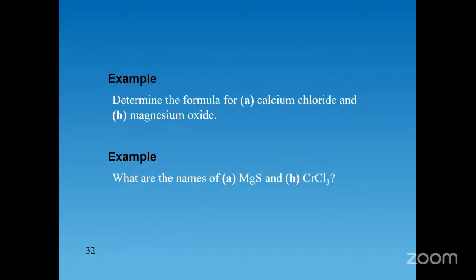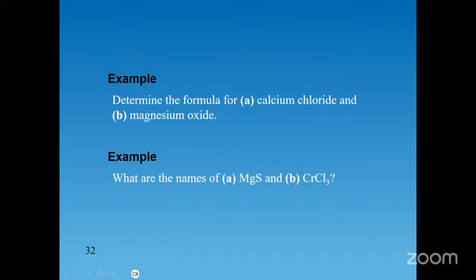One big difference between naming ionic compounds and naming molecular compounds is that we do not use prefixes in the case of naming ionic compounds. All right? So the prefixes that you were using in the case of naming molecular compounds, like mono, di, tri, and so on, we do not use those prefixes when it comes to naming ionic compounds. All right? So very important. So let's look at these examples.